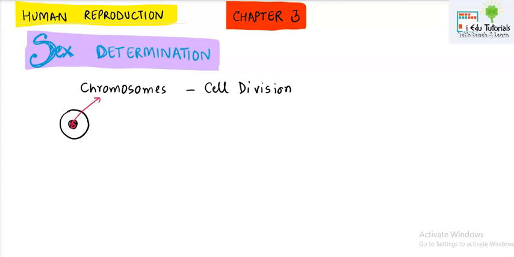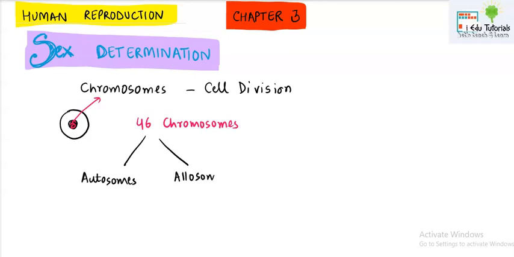So at the time of cell division, in each nucleus 46 chromosomes are found. Now these 46 chromosomes are bifurcated into two types. First are your autosomes and second are your allosomes, or they can also be known as sex chromosomes.